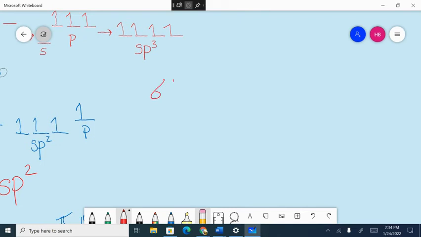A sigma bond is a head-to-head bond. Pi bond is side-to-side bond with those p electrons. So if you have 4 sigma bonds, it is sp3, 1 S and 3 Ps, hybridized.